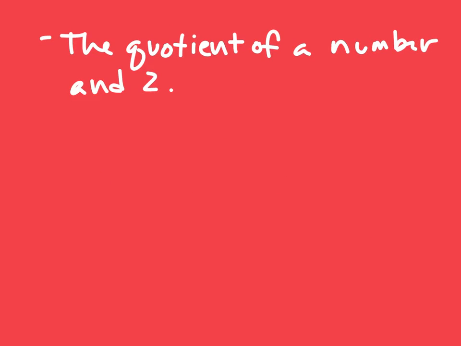Now, the next one I want to talk about is using the phrase quotient. The quotient of a number and 2 would simply be x over 2, or you could use another variable and say m over 2. What we want to do is get away from writing x divided by 2.